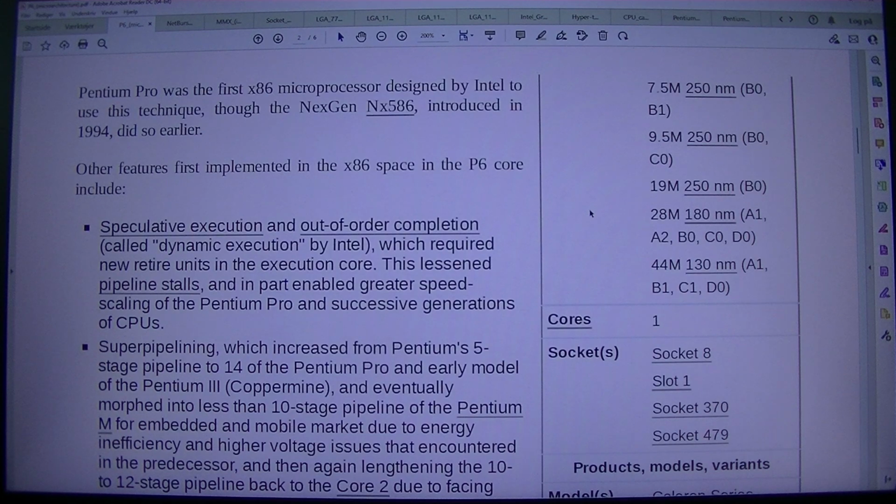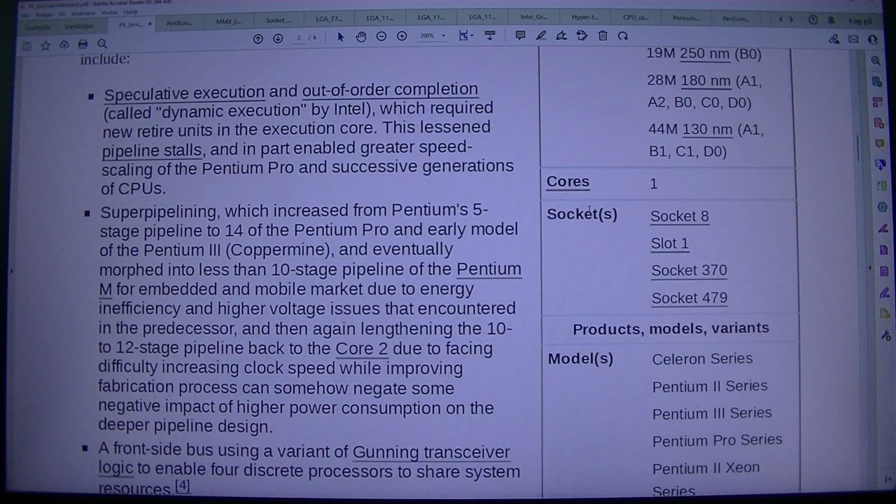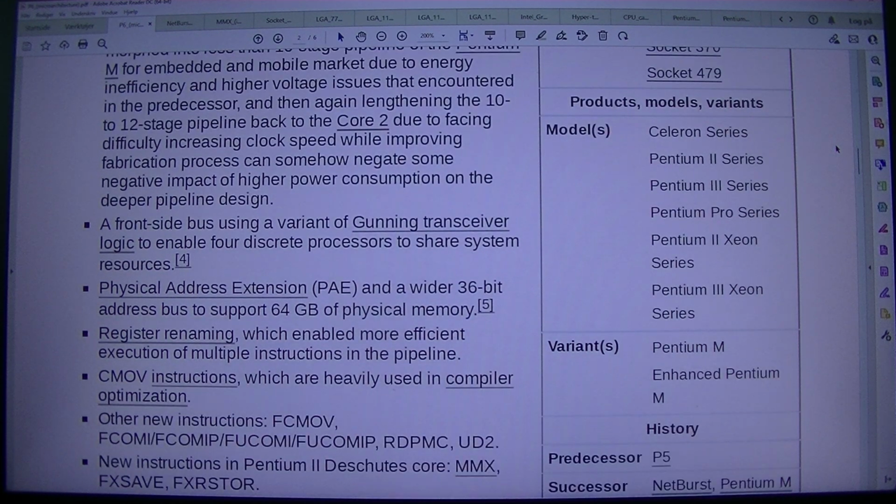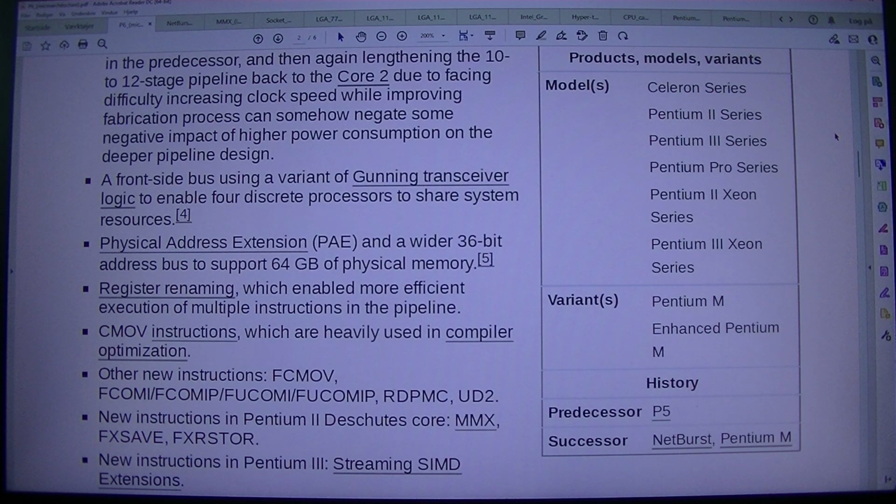Socket: Socket 8, Slot 1, Socket 370, Socket 479. Products, models. Variants: Celeron series, Pentium 2 series, Pentium 3 series, Pentium Pro series, Pentium 2 Xeon series, Pentium 3 Xeon series, Pentium M, Enhanced Pentium M. History: predecessor P5, successor NetBurst, Pentium M.